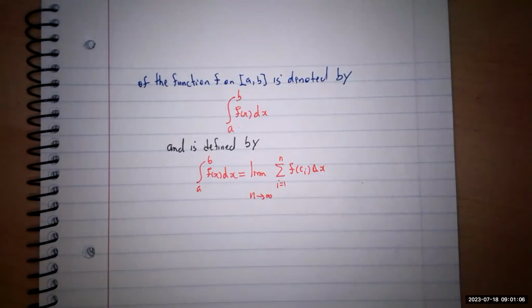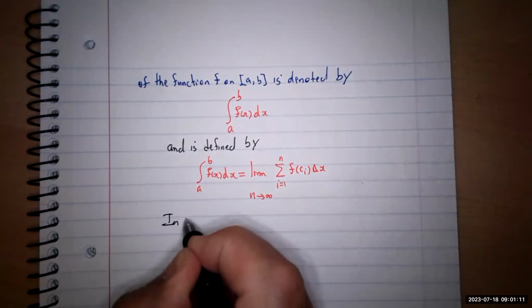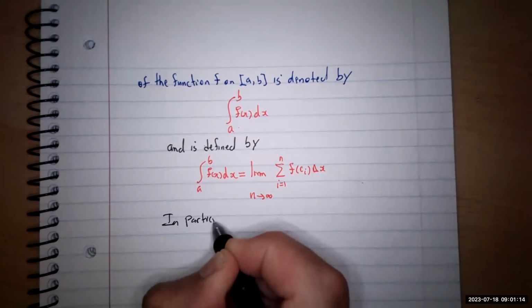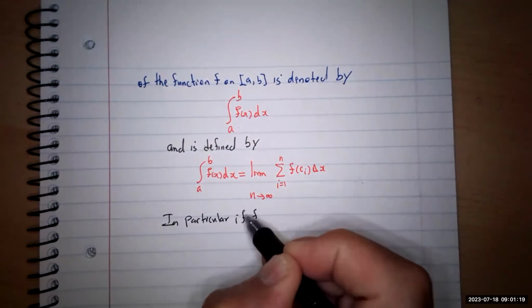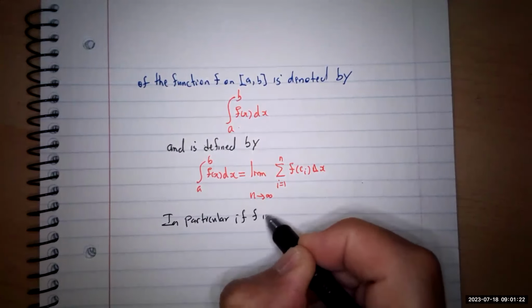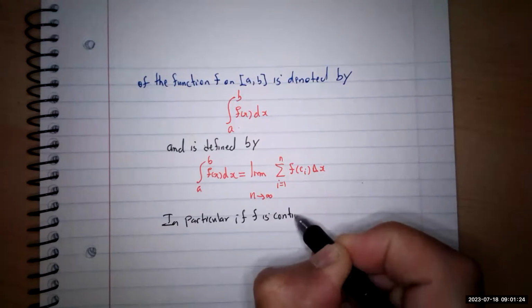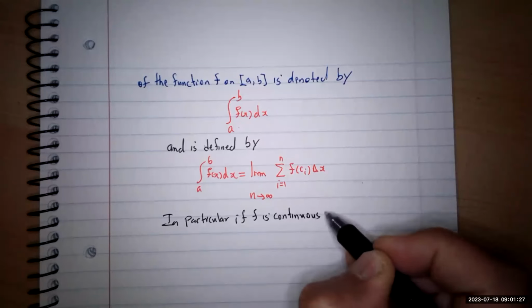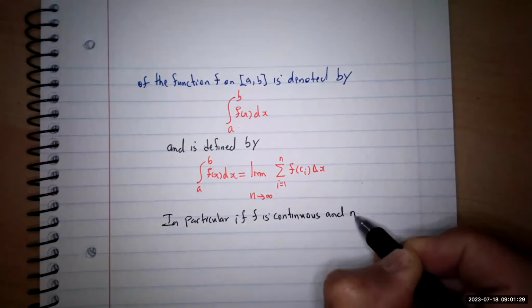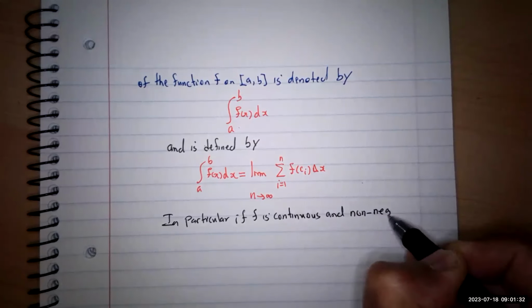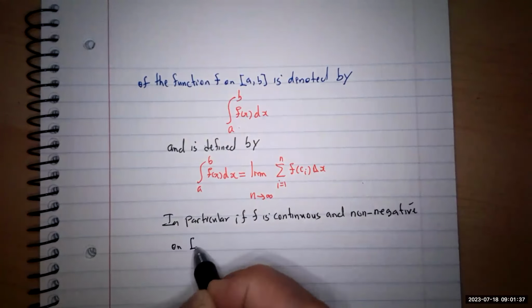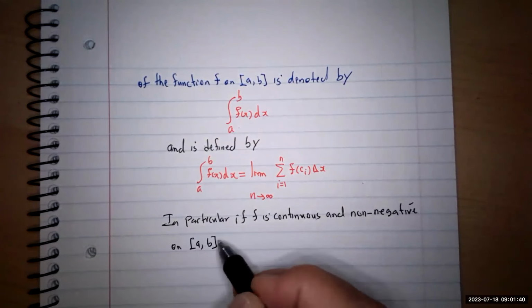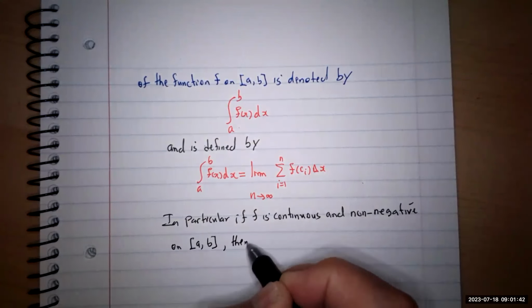Of course, quickly, if your function f is continuous, and of course non-negative, on the closed interval [a, b], then this is just the area problem.